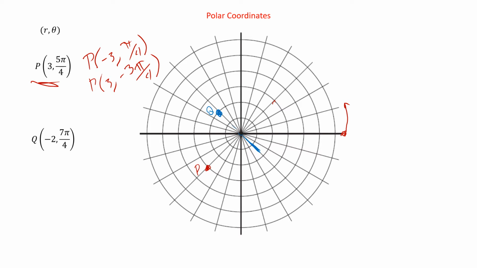Other ways of writing that, we could have 2 and then 3 pi over 4.